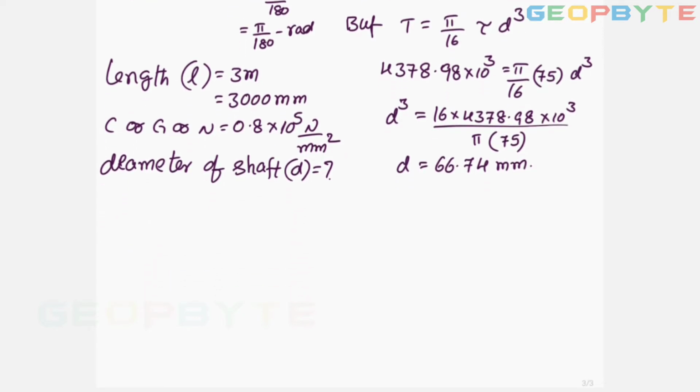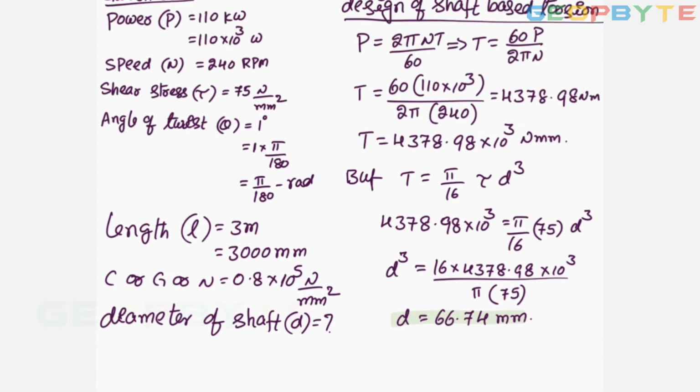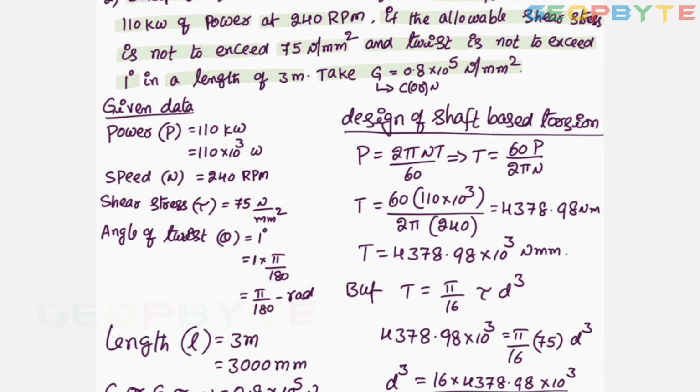Now that is the diameter of the shaft, one diameter based on the torsion. Let us decide the diameter based on the angle of twist or rigidity. This is case 1.